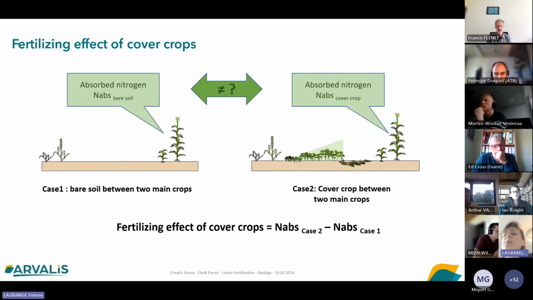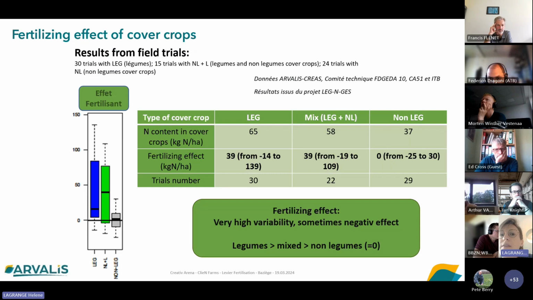So the question we have is comparing to bare soil, so case 1 on this slide, how much the cover crop can bring and how much the main crop after that can absorb. So this is the main question, and we tried to look at it in several trials.